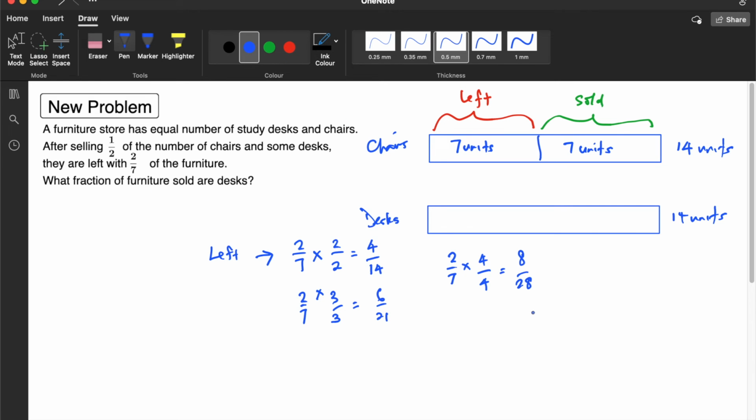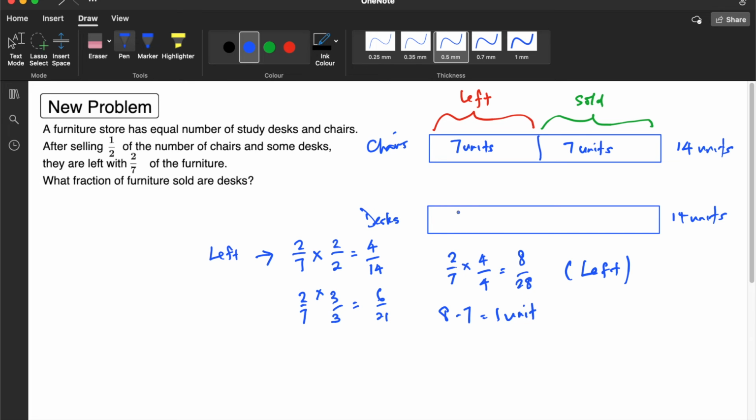Now we know that 8 over 28 is what is left. But 7 units of these are chairs, so what is left for the desks is actually 8 minus 7, or 1 unit.